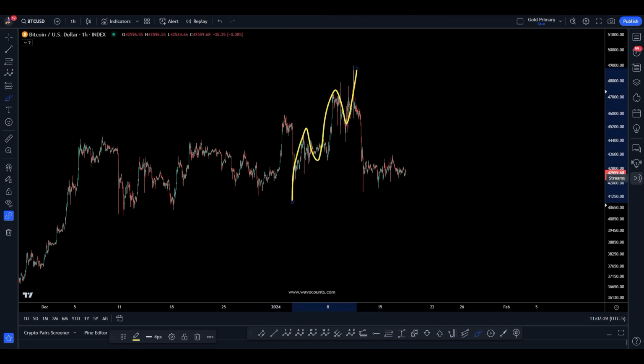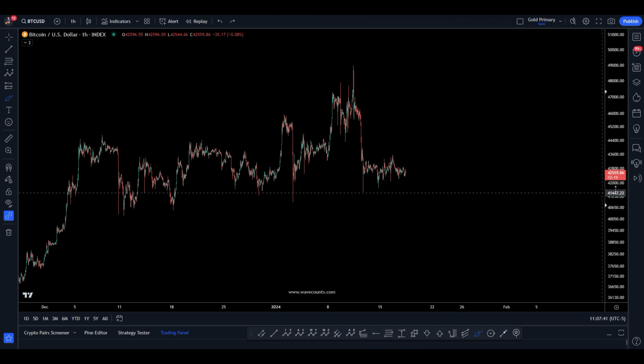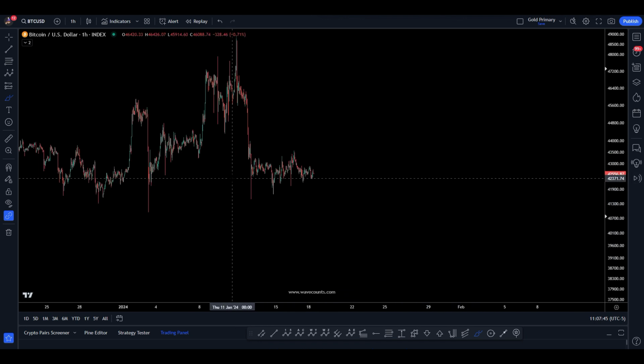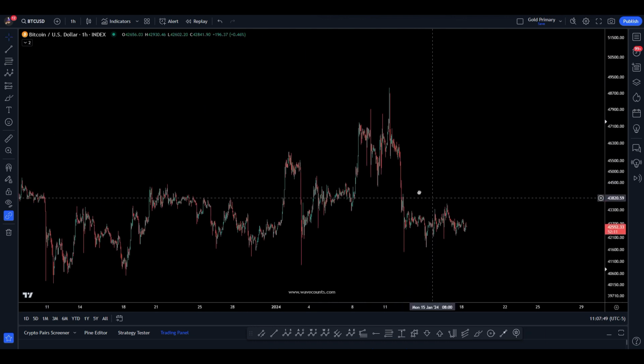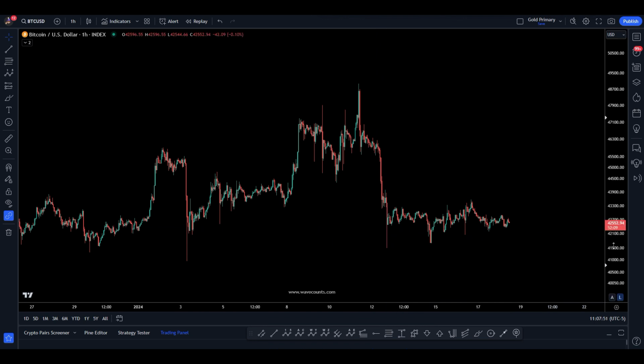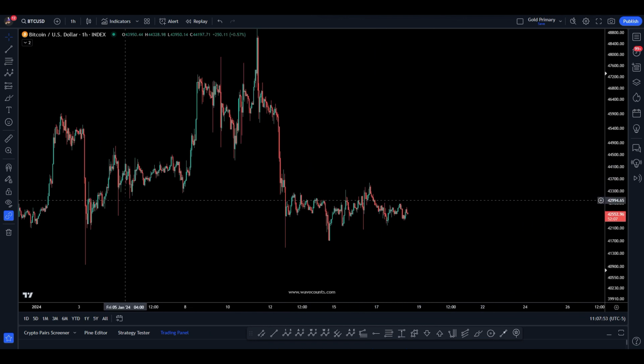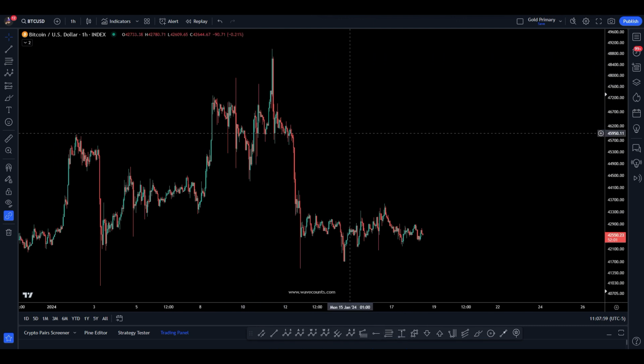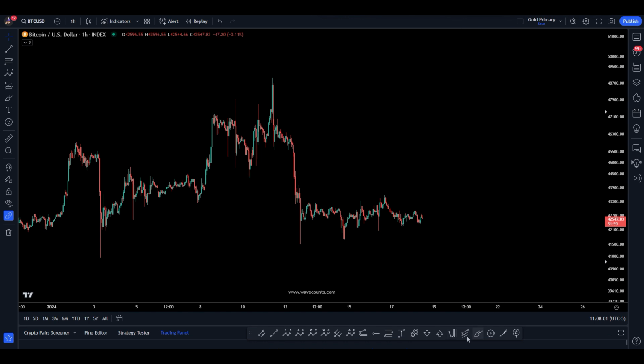And then you have something coming down in what appears to be 3 so far. Because if I were to count this, we're getting really small here. I'm already on the hourly. But that looks like something. That looks like 5 down and a pullback.